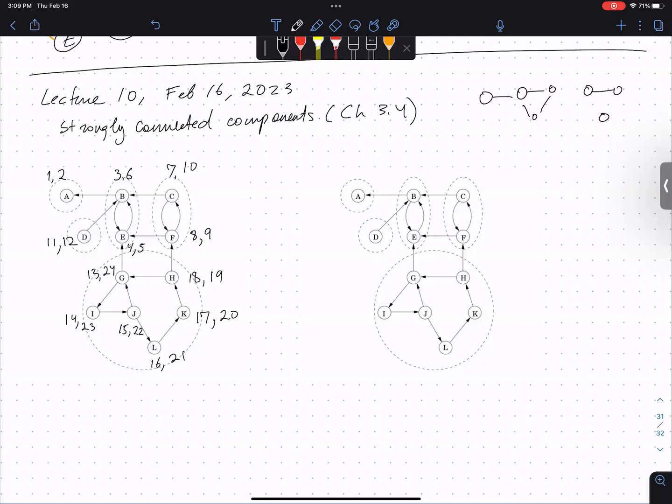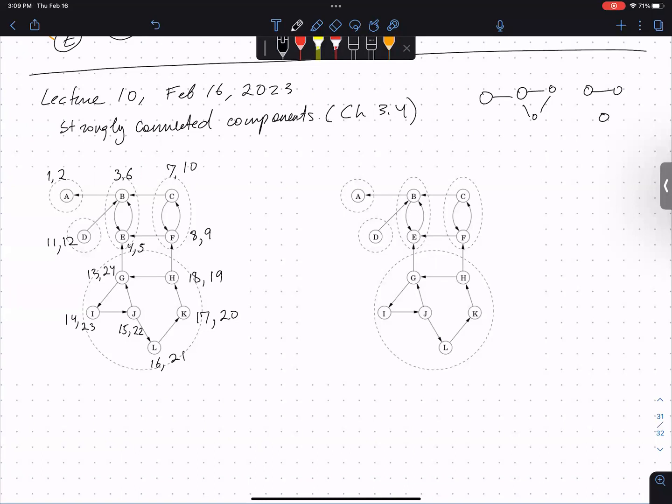How does this concept apply to directed graphs? Notice that in an undirected graph, if we say there's a path between U and V, that goes both ways, meaning we can think of the path from U to V or from V to U, doesn't matter. But in a directed graph, it does.